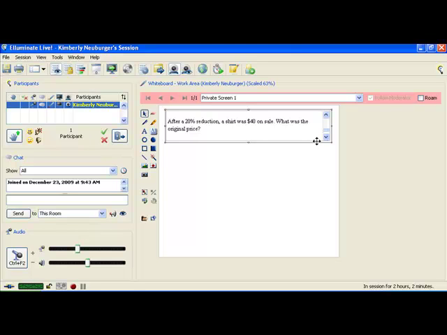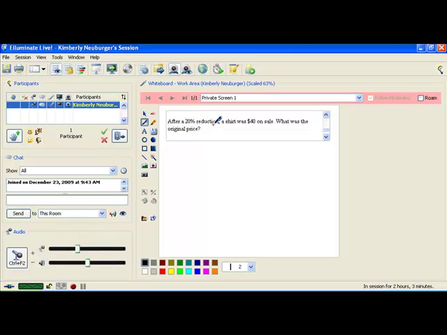Well, you might want to know if the price marked is correct or not. So this situation becomes very valuable for you. And let's say that after a 20% reduction, a shirt was marked $40, and you want to know what the original price is just to see if things were marked correctly.